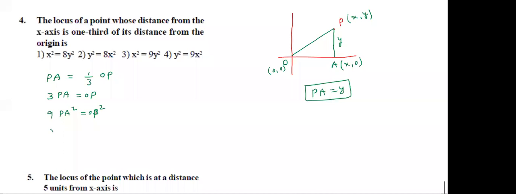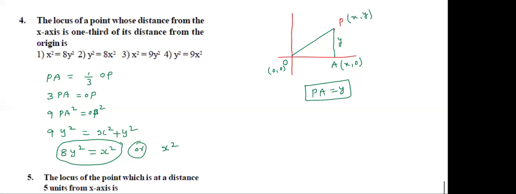Now in place of PA, write y square. OP square, the distance between origin and point, that is x square plus y square. Y square send to left hand side, you will get 8y square is equal to x square. This is the answer, or you can write x square is equal to 8y square. Which option is correct? First option.